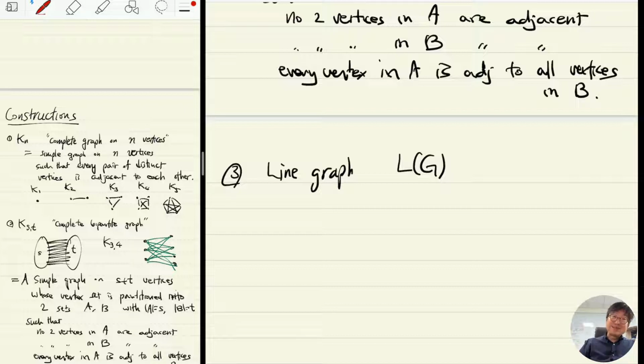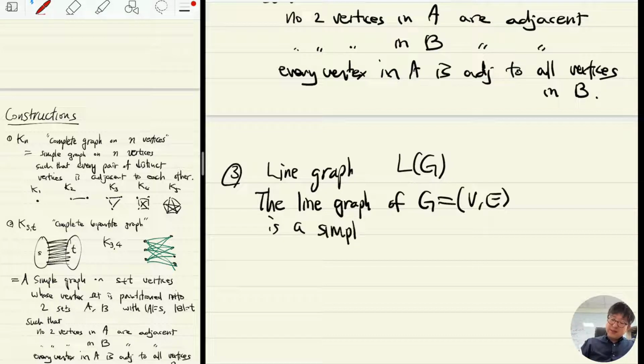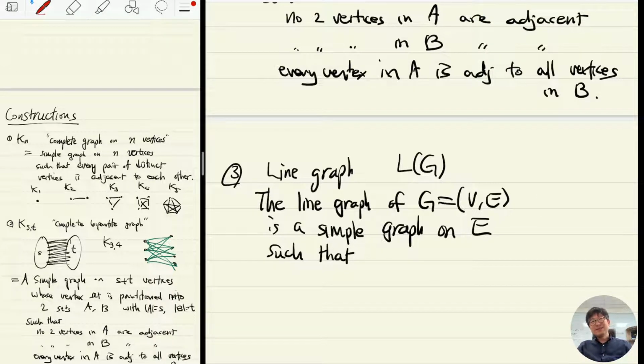This is not an advertisement, okay, but anyway, L of G. So for graph G, the line graph of G is a simple graph on E. So the vertex set of the line graph of G is the edge set of G, and it's a simple graph, so I only need to describe the adjacency relation, which vertex is adjacent to which vertex.